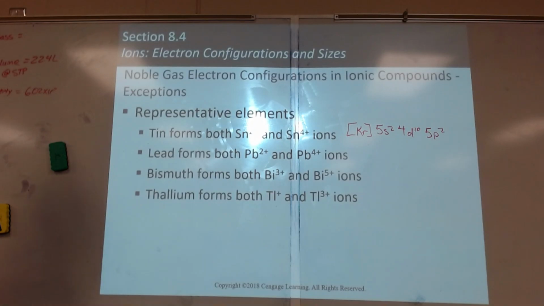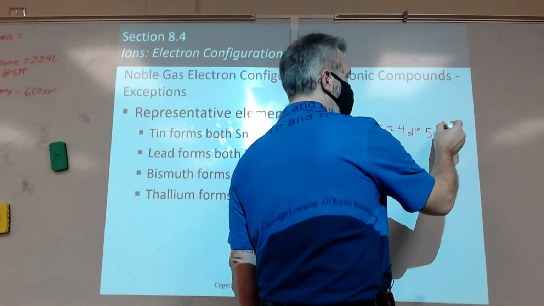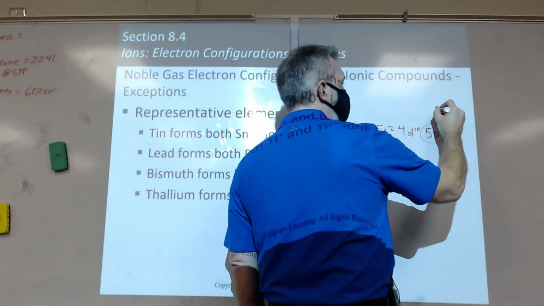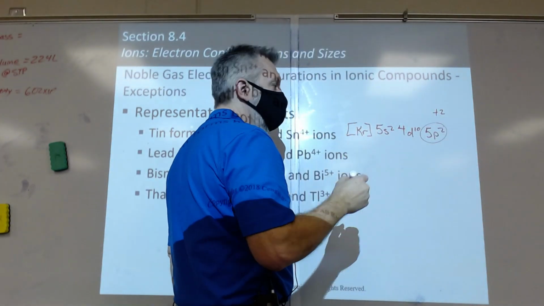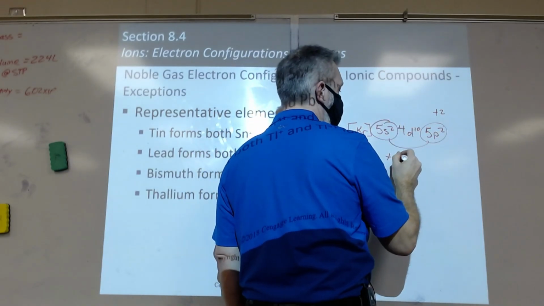All right. So we have a situation where tin can lose these electrons and become +2, or it can lose these and these electrons and become +4.